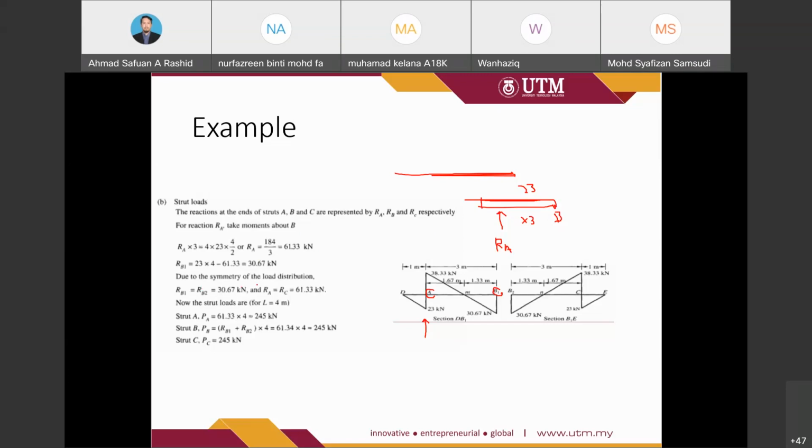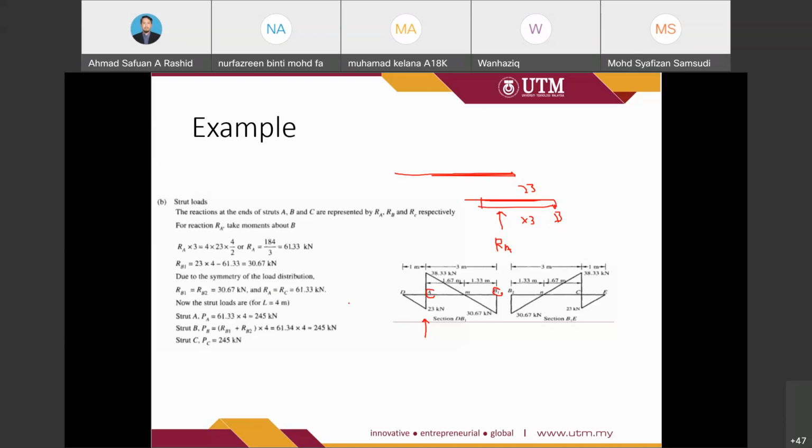Due to the symmetry of the load distribution, RB1 and RB2 are equal to 30.67, and definitely RA and RC are 61.33. So now the strut load, with 4 meter as the L.